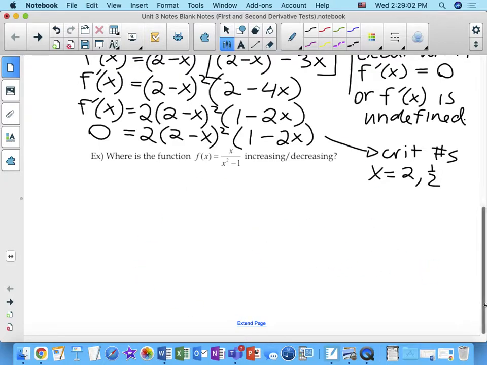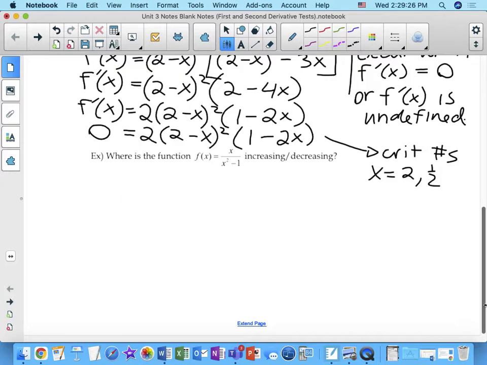Okay, so now we could take test points on a number line. You can totally do that like we did with the last one, but there's a lot of stuff to plug in here. So there's another strategy that we could use. Essentially, these 2 critical numbers divide the number line into 3 sections, okay?